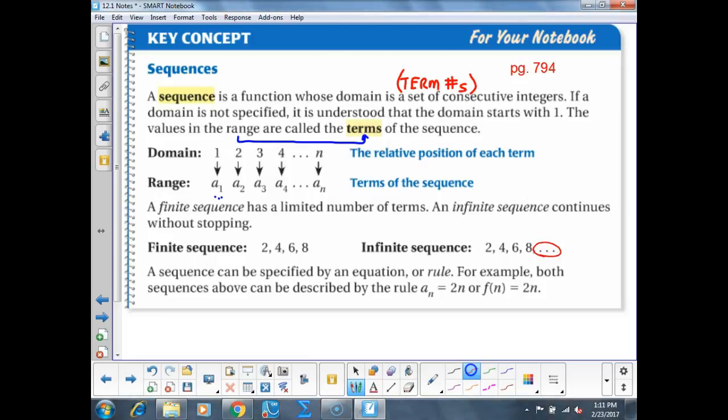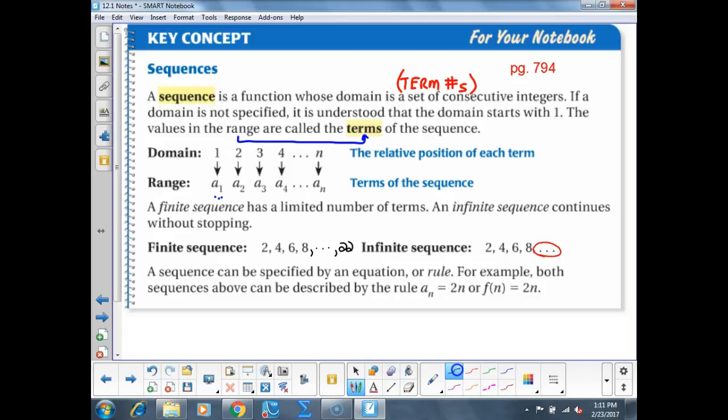Now, I can write a sequence with dot, dot, dot, and if I put a number after that, it becomes a finite sequence.